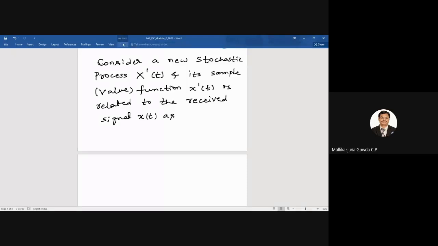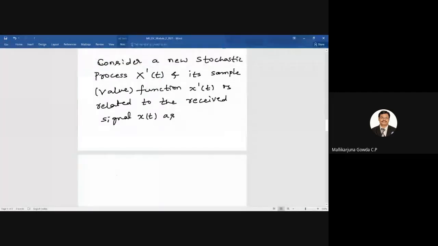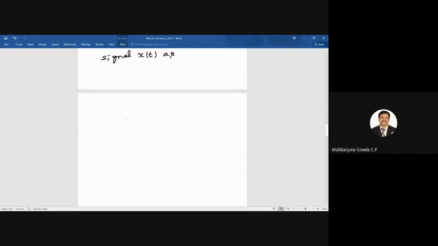So I can write x dash of t will be equal to x of t minus summation j is equal to 1 to n xj phi j of t. Let me call this equation 5.